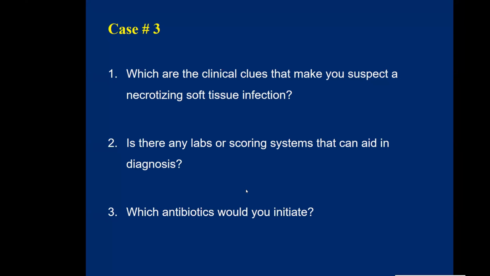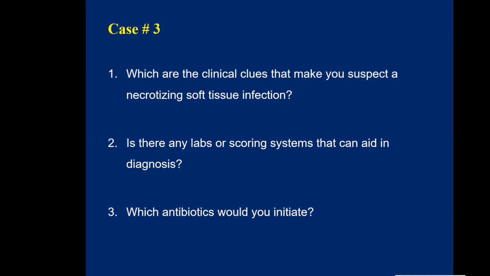The next question. Bruno: are there any labs that you think are helpful, or any scoring systems that can aid in the diagnosis? I think for the labs, mostly the labs we would order for a patient with severe infection, such as a BMP, especially to see how the renal function is going.